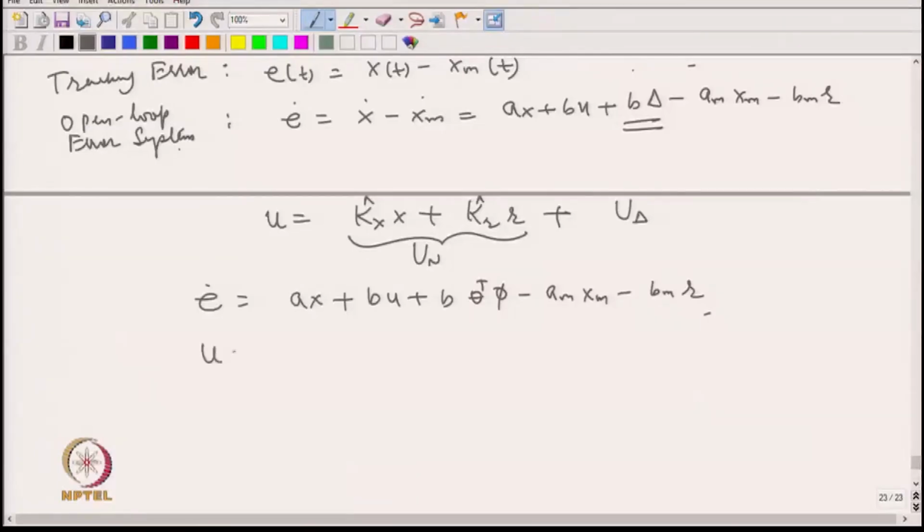But since we do not know this theta, we choose an estimate. So, u is given by k x hat x plus k r hat r, minus theta hat transpose phi.